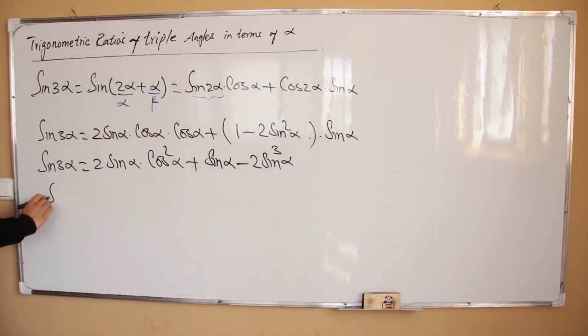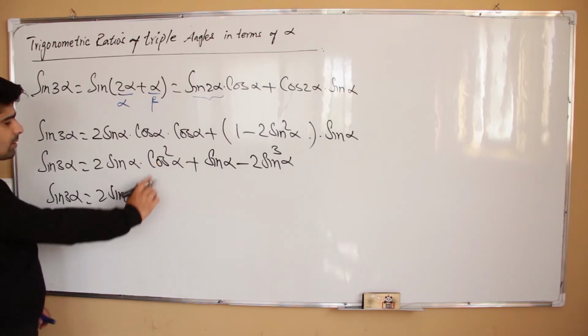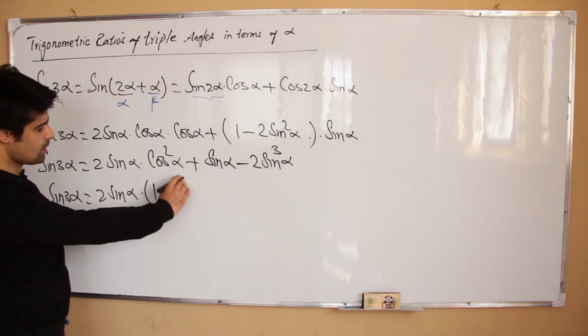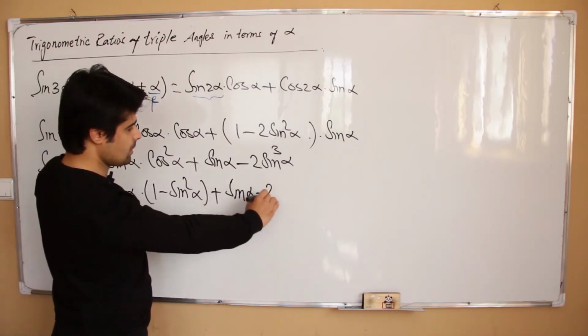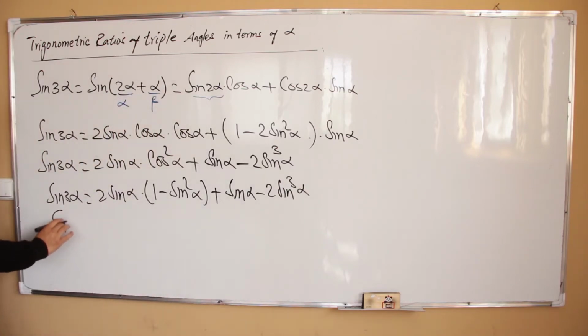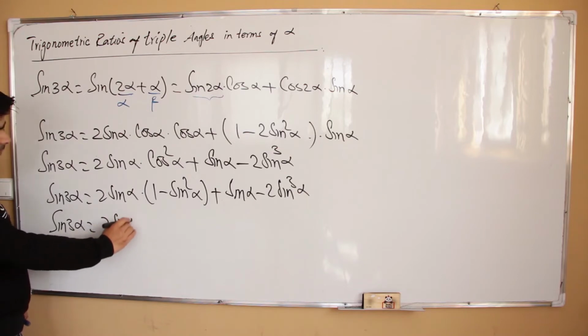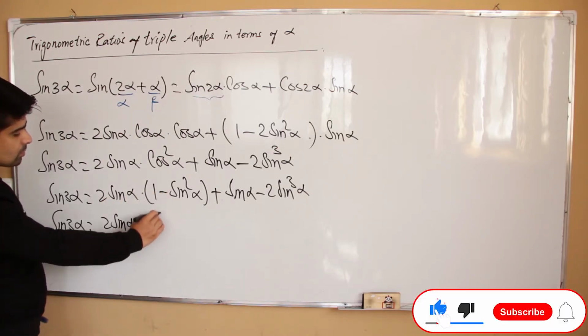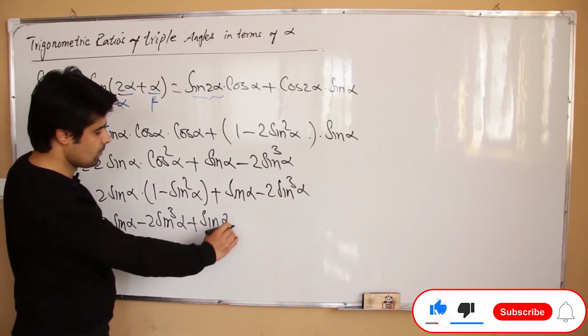Okay, sine of 3 alpha, 2 sine of alpha, put this one. Instead of this one, can we use 1 minus sine square of alpha, plus sine alpha minus 2 sine cube of alpha? Yes, we can do. So sine of 3 alpha is 2 sine times this one, it's 2 sine of alpha, 2 sine times this one, 2 sine cube of alpha plus sine alpha, am I right?